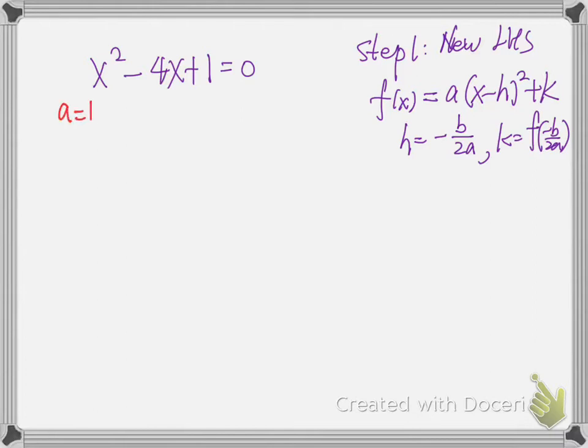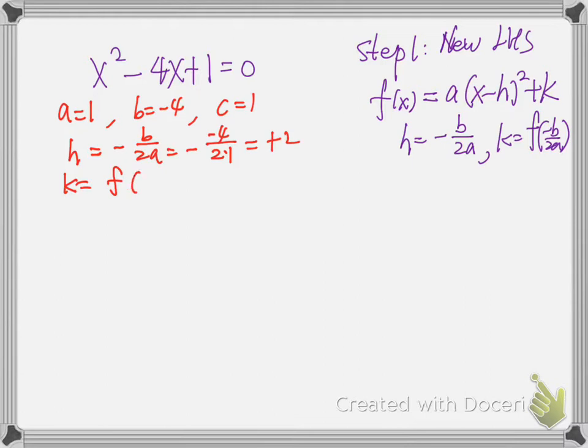So now what is a? A is 1, b is negative 4, c is 1. So h is negative b over 2a, so this is negative 4 over 2 times 1, which is positive 2. So k is f of h, so it's f of 2, which is 2 squared minus 4 times 2 plus 1.